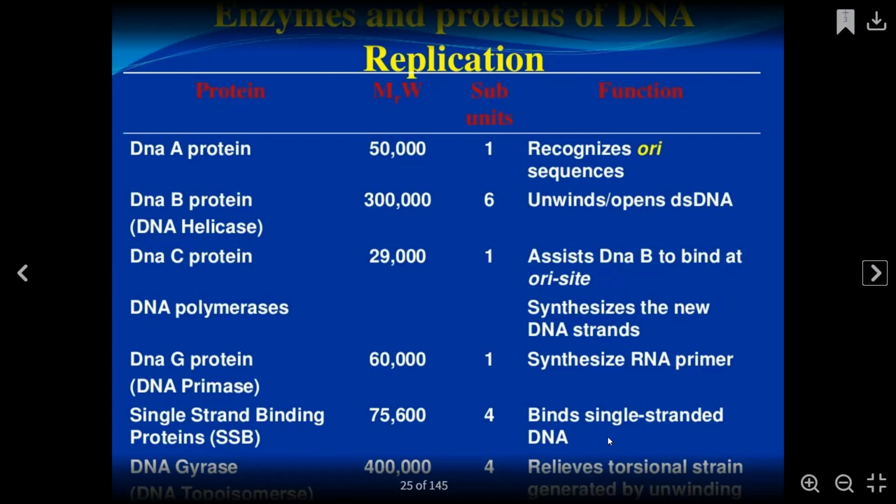Once the helicase comes and binds, the gyrase helps to relieve the strain, which is the twisting, or the state of being twisted, especially the twisting of the cut. So this torsion has been relieved by the gyrase enzyme.